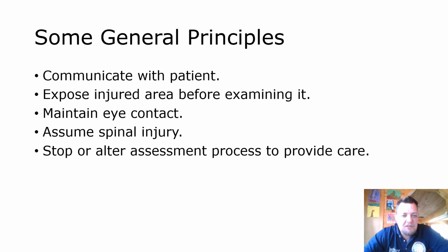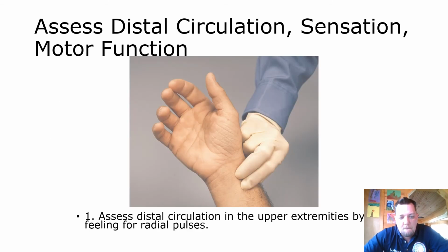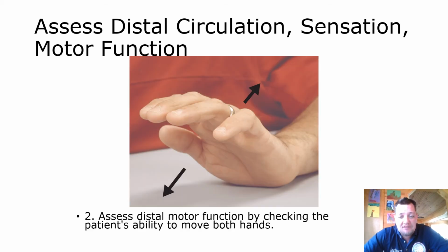So some general principles: communicate with the patient, expose the injured area before examining it, maintain eye contact, assume spinal injury, and stop or alter the assessment process to provide care. Assessing distal circulation in the upper extremities by feeling for radial pulses, checking for the patient's ability to move both hands.